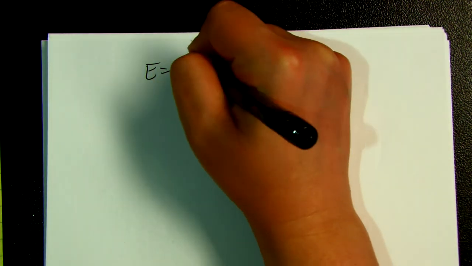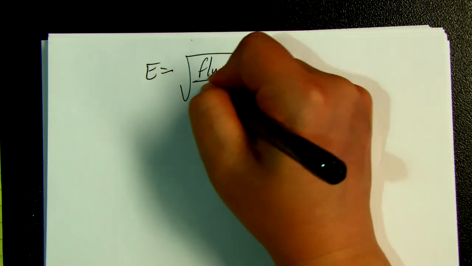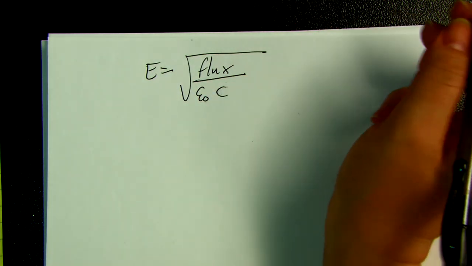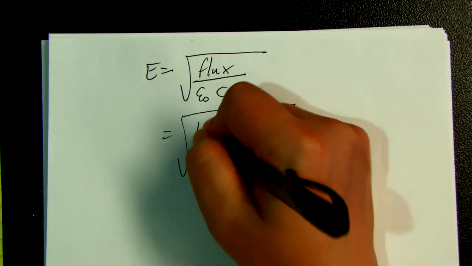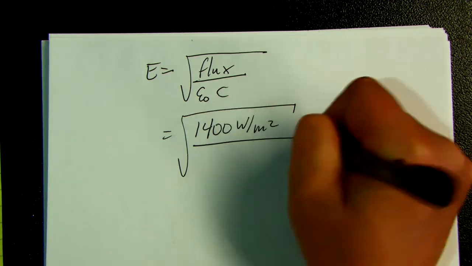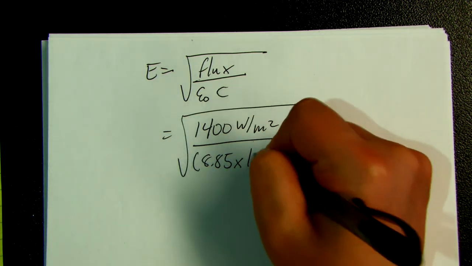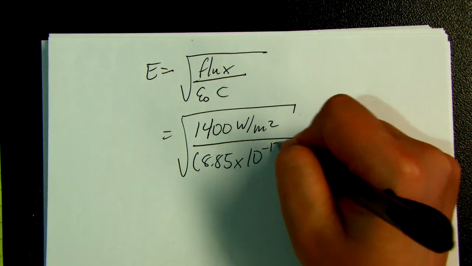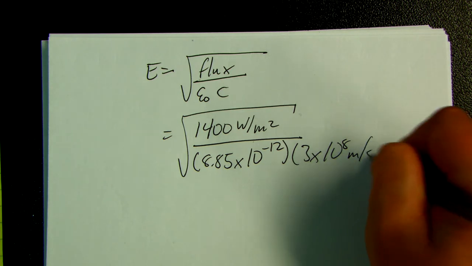So E is equal to flux over epsilon naught C, which is equal to 1,400 watts per meter squared over 8.85 times 10 to the minus 12 times 3 times 10 to the 8 meters per second.